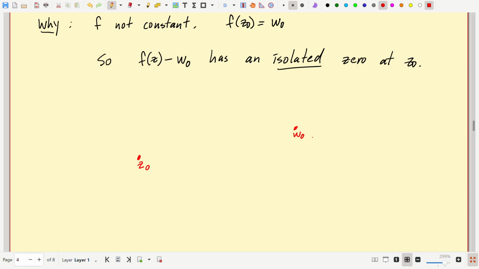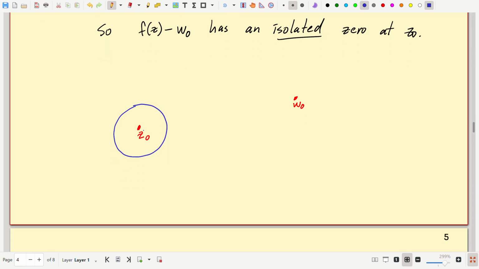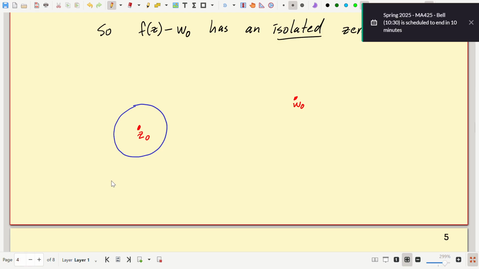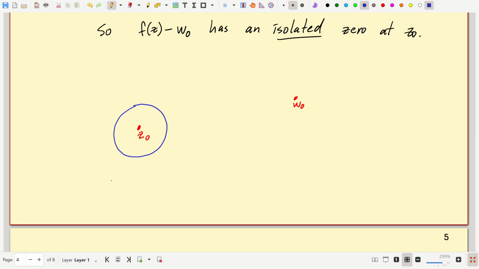I'm going to shrink down a disk about z naught, so it's the only 0 inside there. I might shrink it some more later.